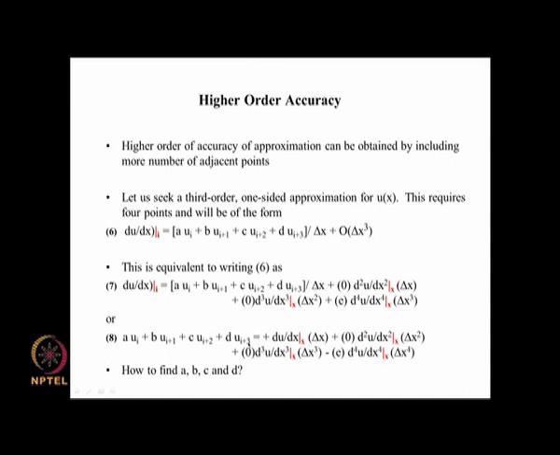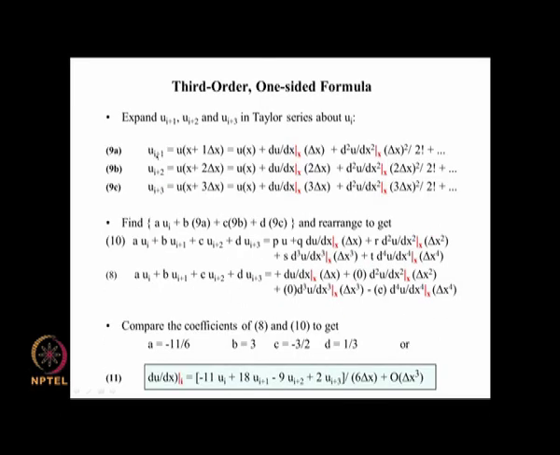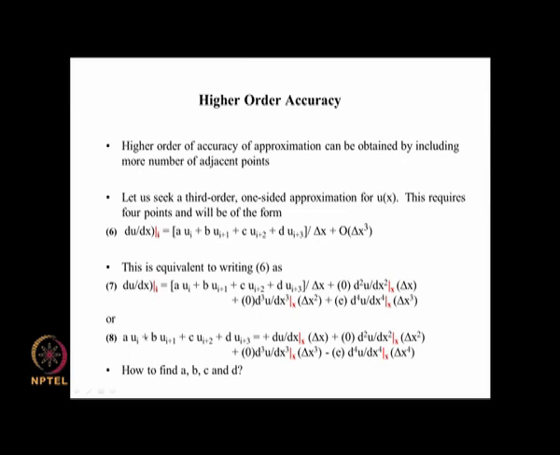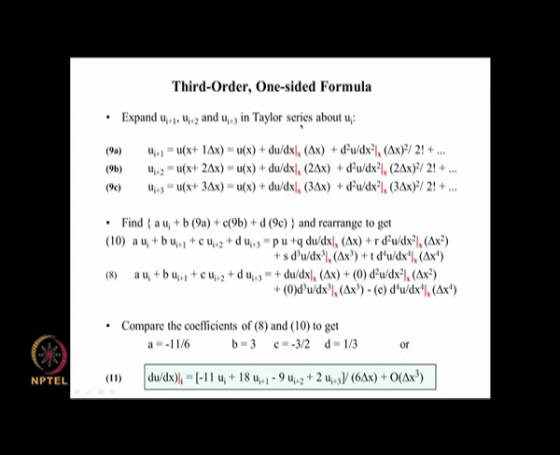If we can find unique values of a, b, c, d, then we have a formula here, and in order to find this a, b, c, d, what we do is that we expand ui plus 1, ui plus 2, ui plus 3, which are appearing in this proposed formula, in terms of Taylor series about point I.